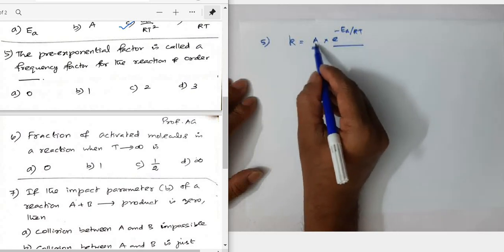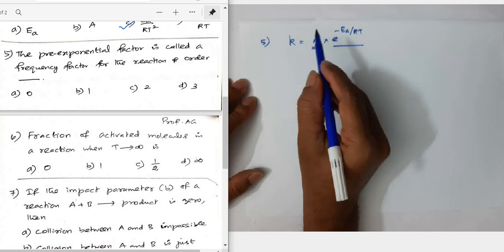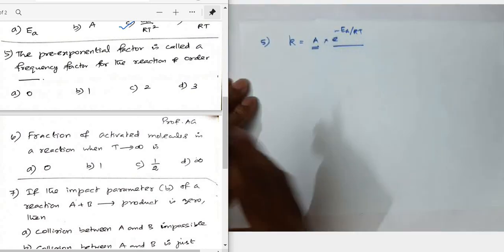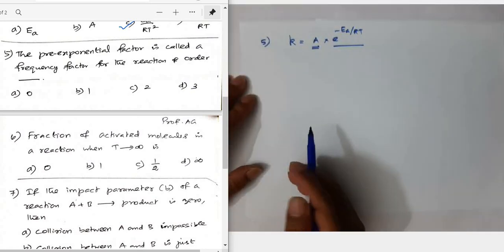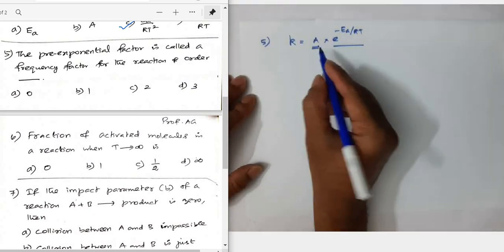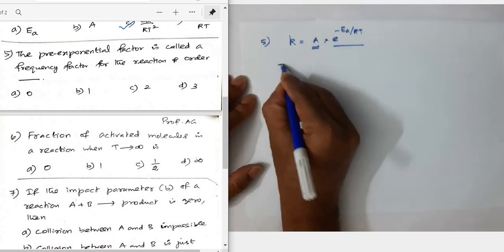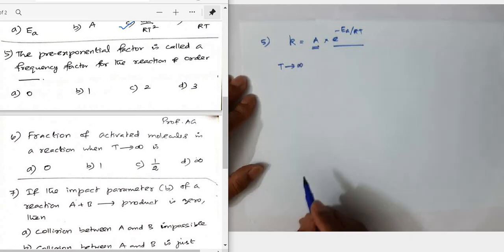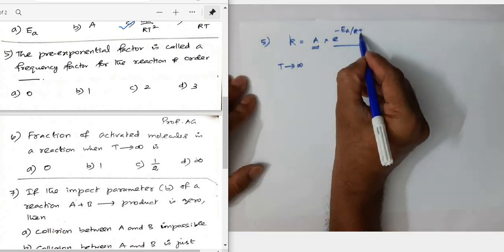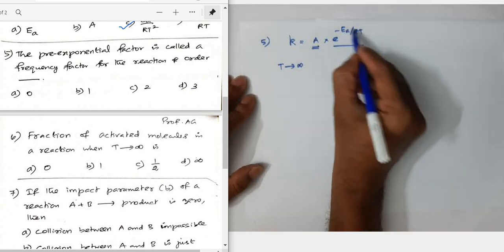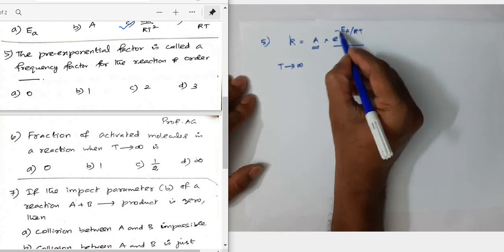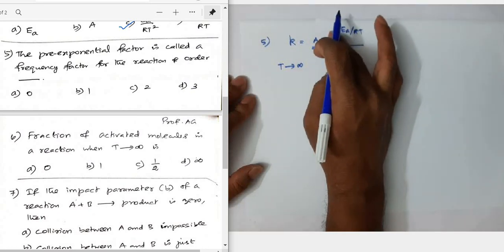This pre-exponential term is called the frequency factor for a particular order of reaction. What order? Listen, when temperature approaches infinity, if I put infinity here, something by infinity is 0, I will get e power 0, which becomes 1.